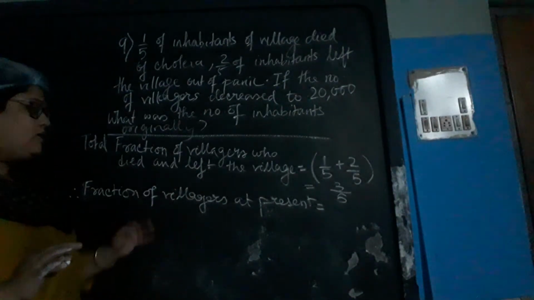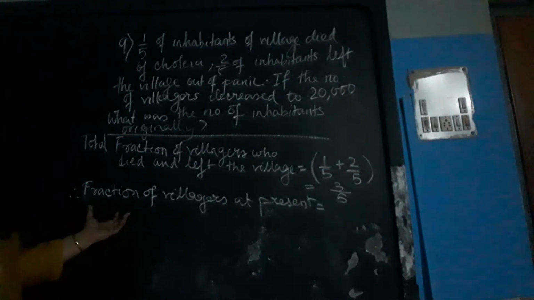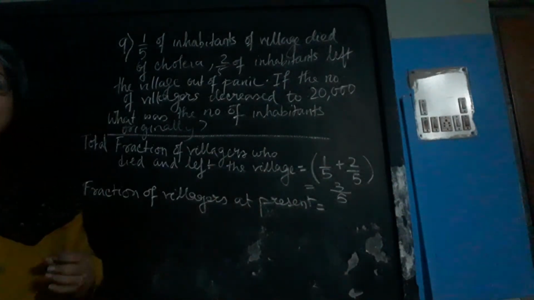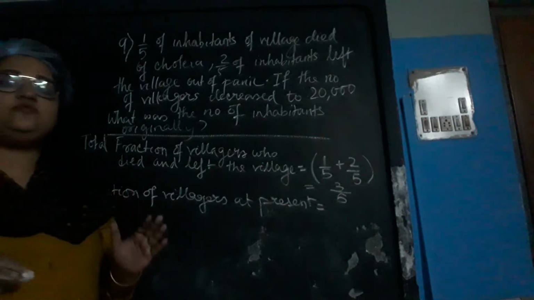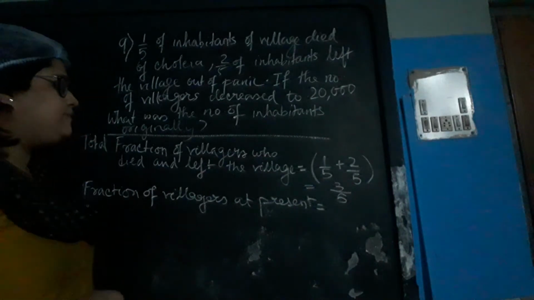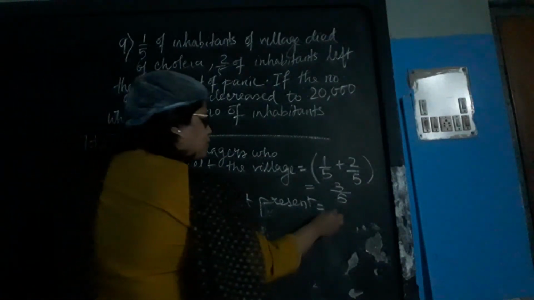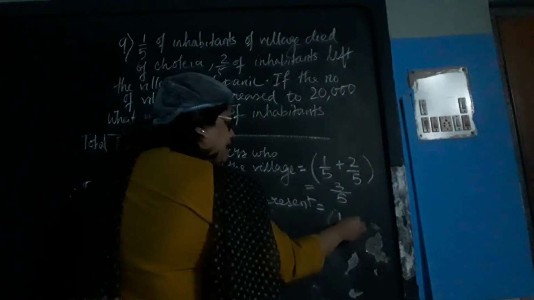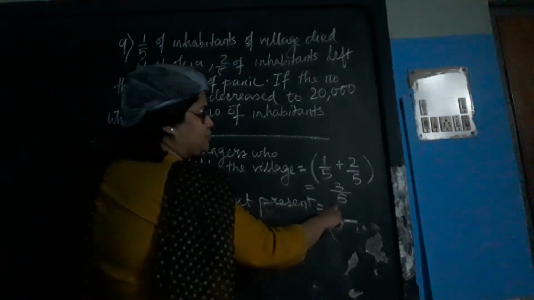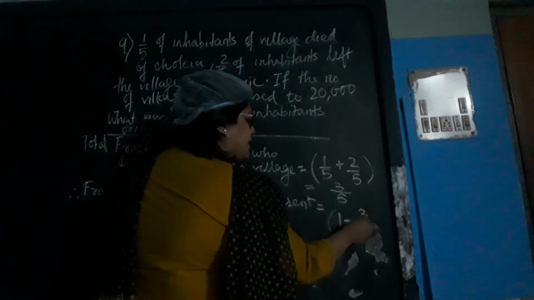Therefore, now what is the fraction of villagers still there at present? So what is the part of the villagers who are still existing over there? So we know that the fraction total is 1 minus how many left the village, both who died and who left out of fear, 3 by 5.